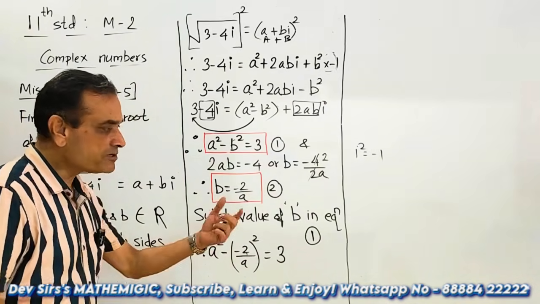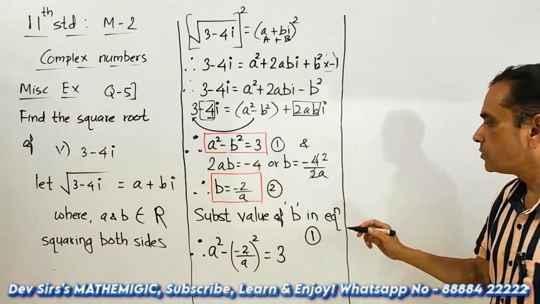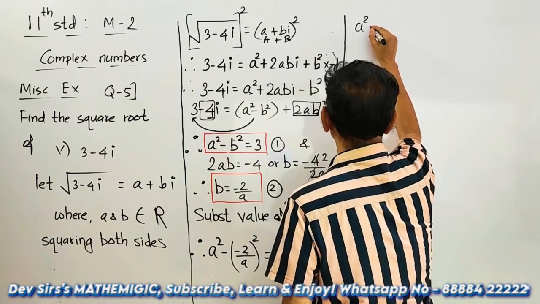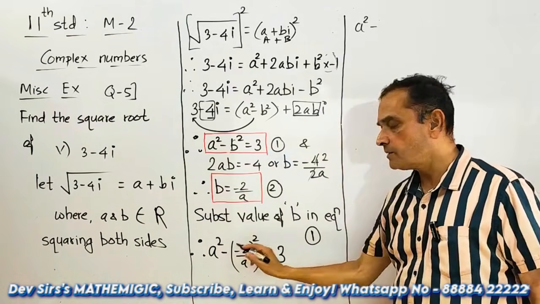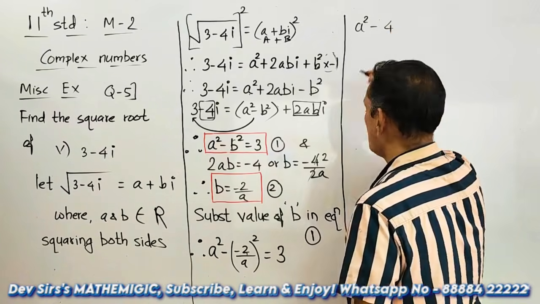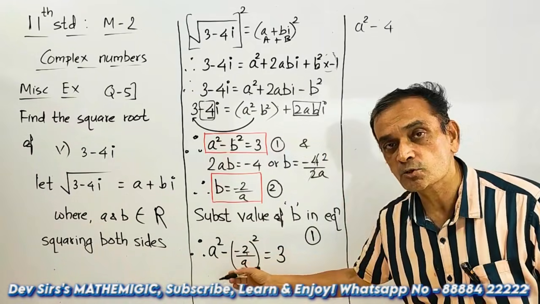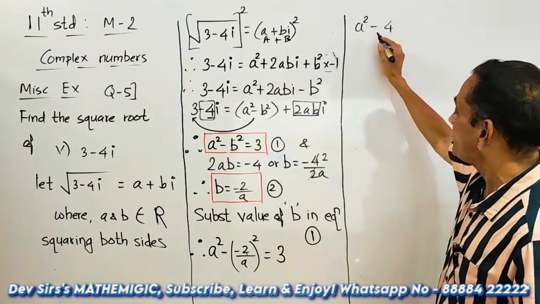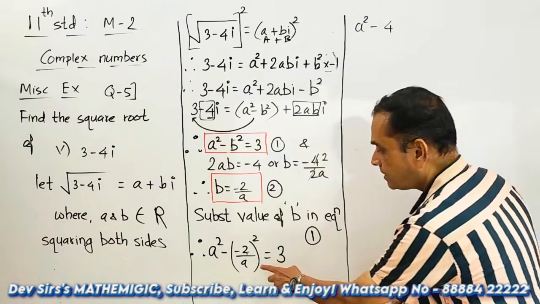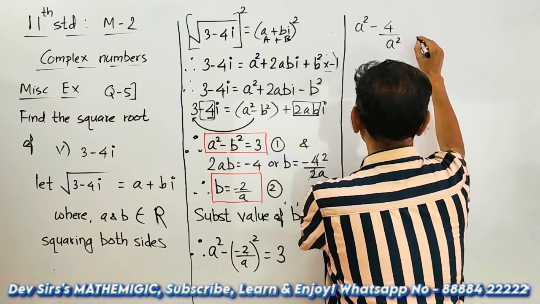So we have to solve this equation to get the answer now. Let's see. So a squared minus, this minus sign remains outside, minus 2 squared is 4. Again, where can a silly mistake happen? You may try to change this minus to plus, no, this minus sign is already outside, minus 2 squared is just 4 written here. This minus sign goes, a squared upon a squared equal to 3.